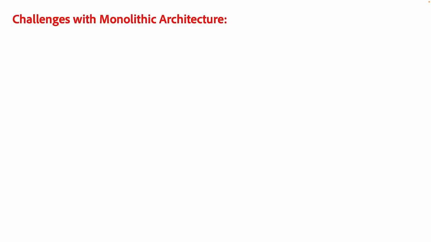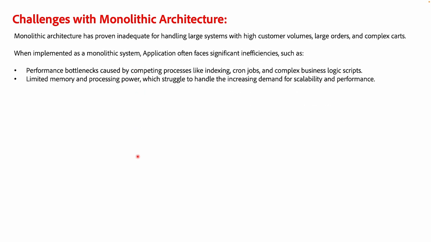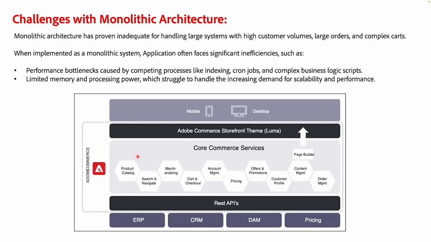Having said that, monolithic architecture has proven inadequate for handling large systems with high customer volume, large number of orders, and complex carts. When implemented as a monolithic system, applications often face significant insufficiencies such as performance bottlenecks, limited memory, processing power, etc.